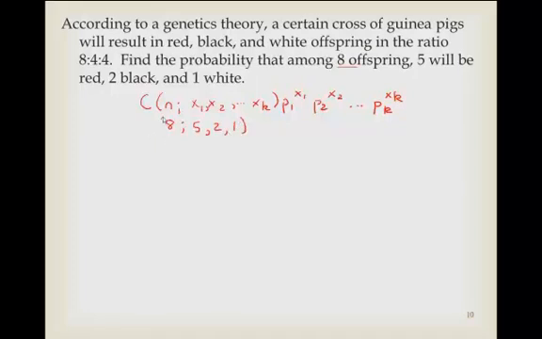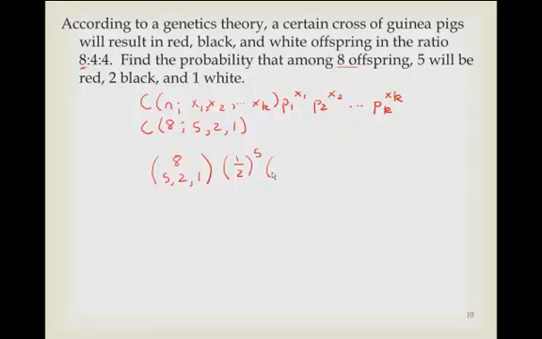So we just need that combinatorial, which we can write as 8 choose 5, 2, and 1. The probability of the first one is 1/2, because 8 out of 16, so it's 1/2 to the 5th power, because that's x1.